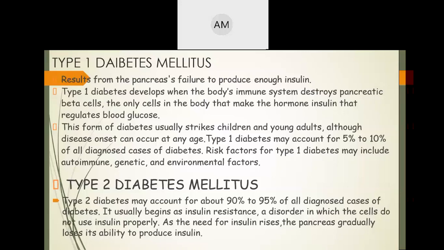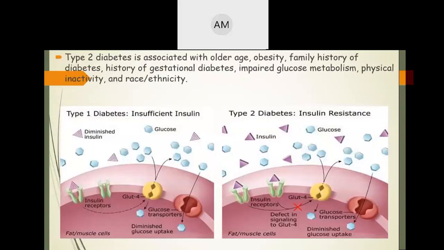So the pancreas gets overexerted, you can say tired. Gradually, over the long term, they lose their ability to produce insulin because of overload, because of continuous production of insulin. Okay. So these are the distinctions between type 1 and type 2 diabetes.